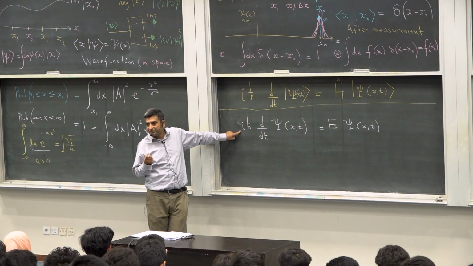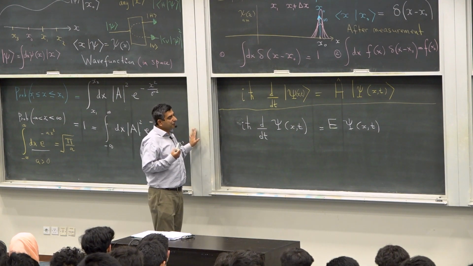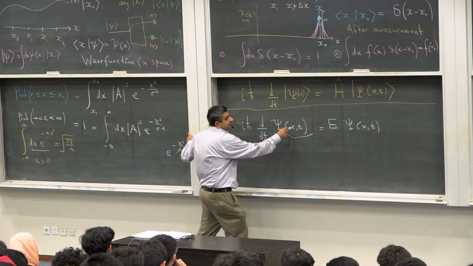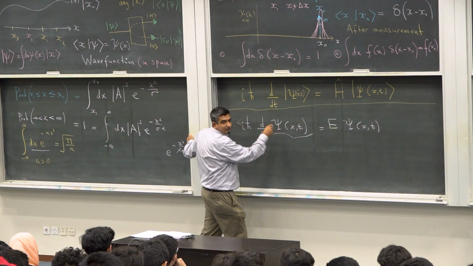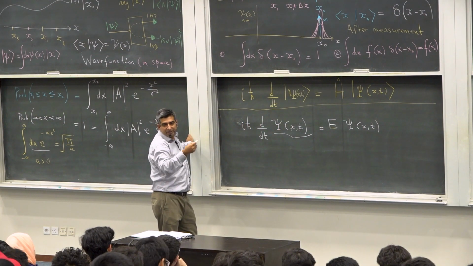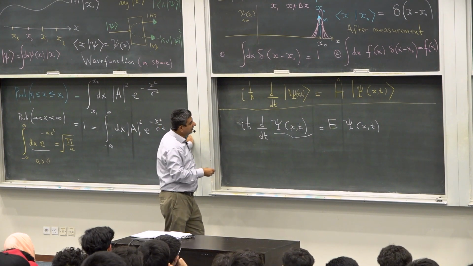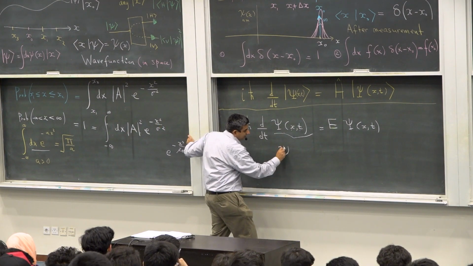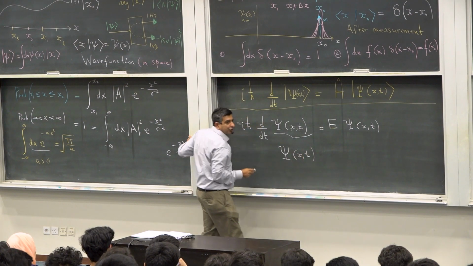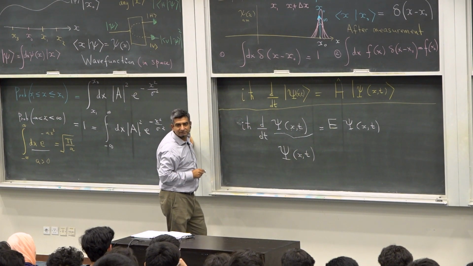The first thing that you would like to do in order to solve this is take this spatio-temporal function, the wave function that depends upon space and time, and break it out into two parts separately.